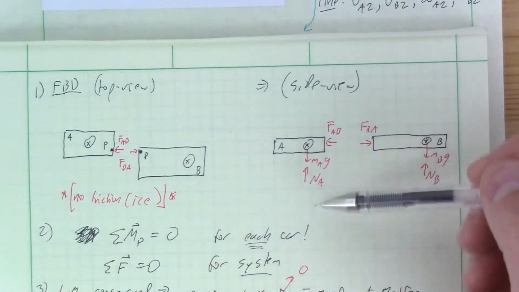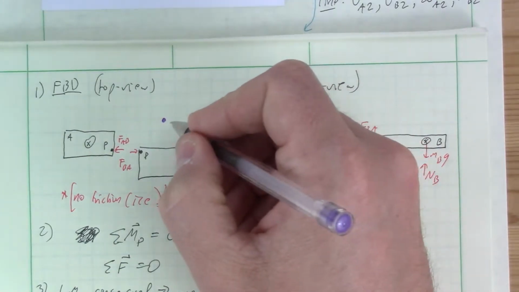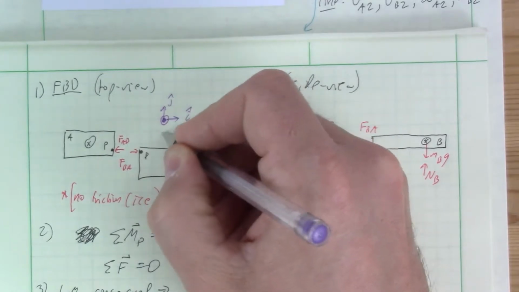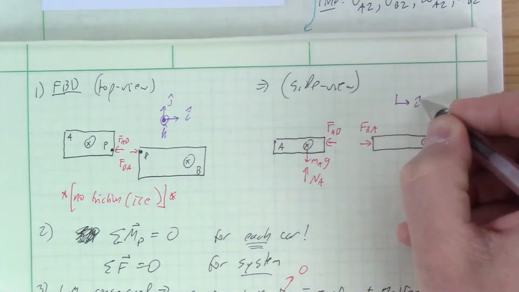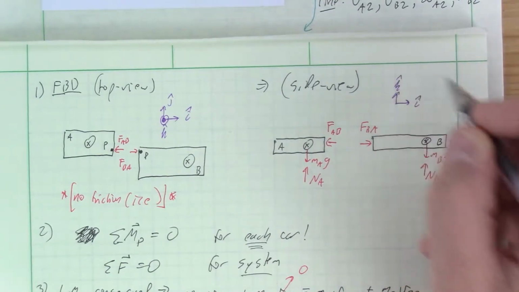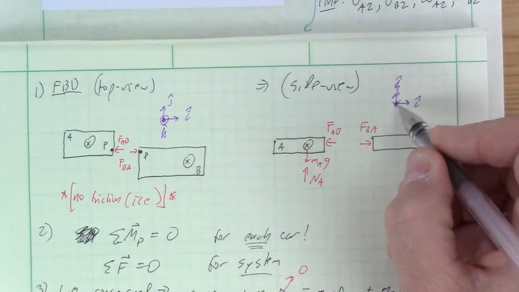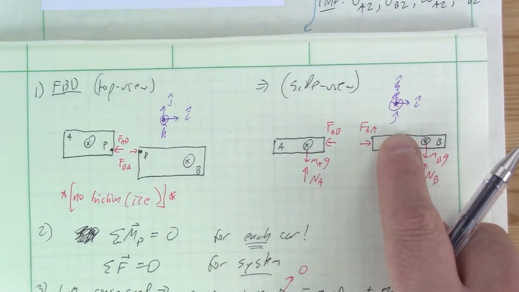On this diagram, this is i hat, j hat, k hat, and on this one i hat, k hat, and we actually have j hat going into the board, right?